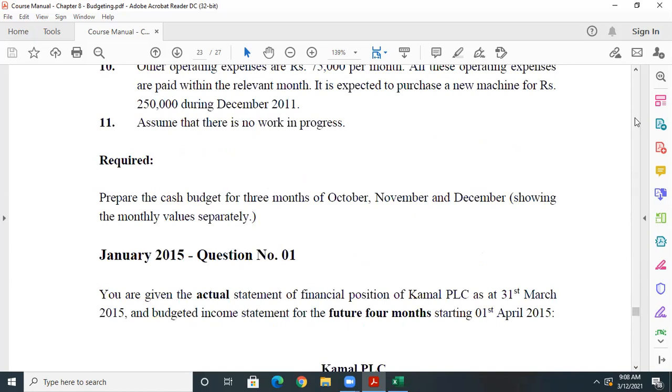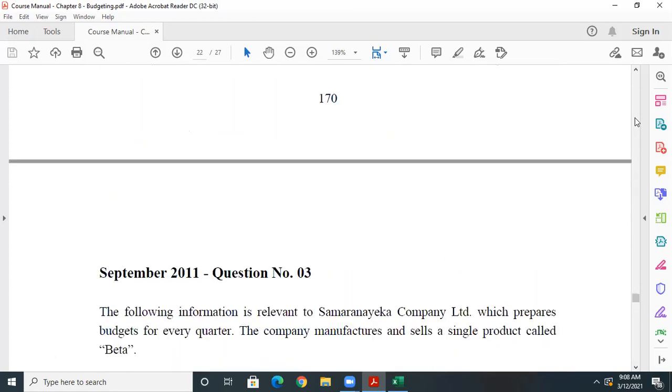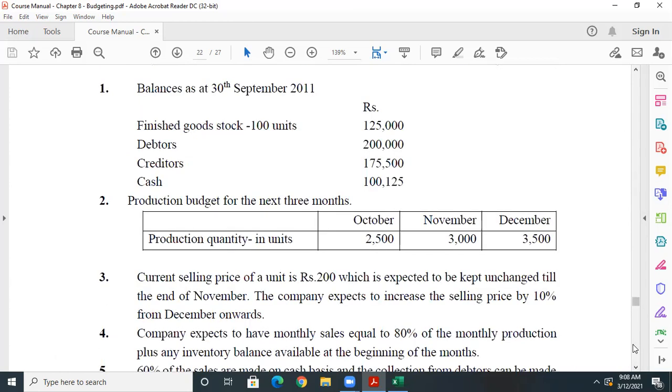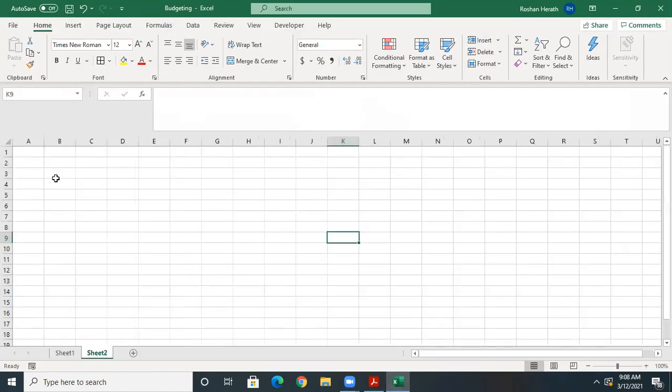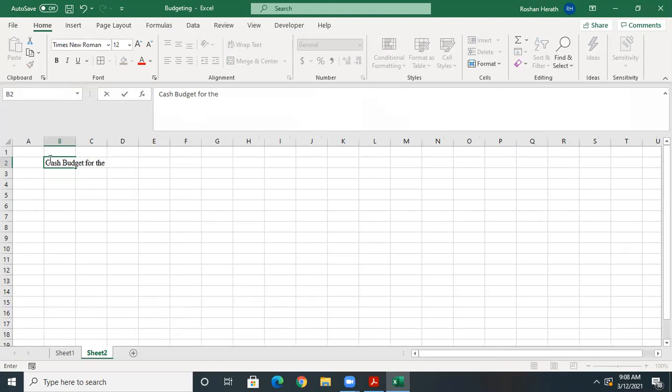Let us first get a structure, and then try to put the figures in the structure. So it's about the cash budget, for the quarter ended 31st December 2011 or something.